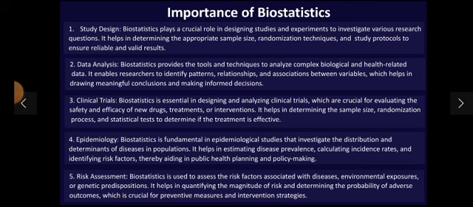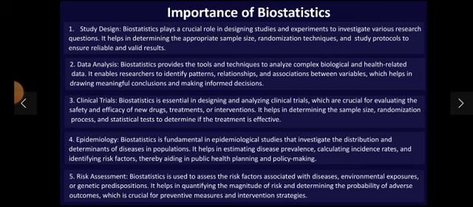Number three, the importance, we have mentioned it before, is also in clinical trials. And we say that biostatistics is essential in designing and analyzing clinical trials, which are crucial for evaluating the safety and efficacy of new drugs or new treatments or new interventions.